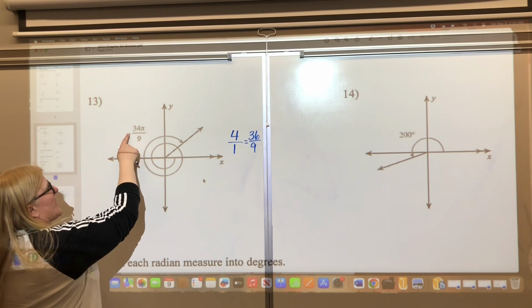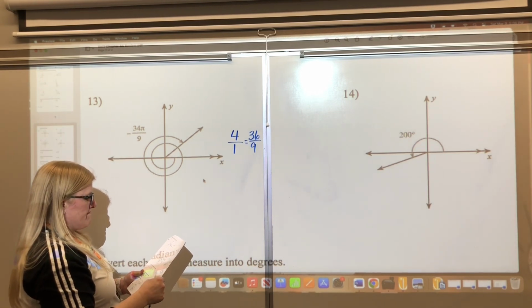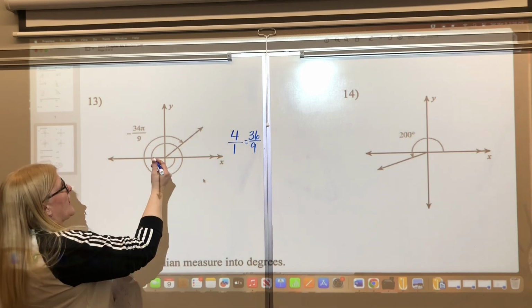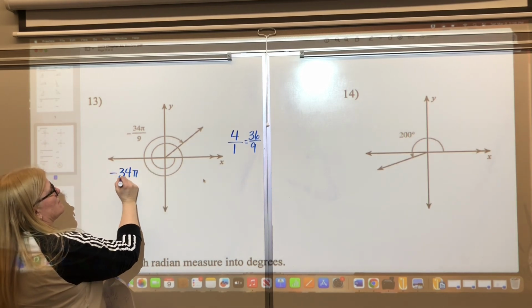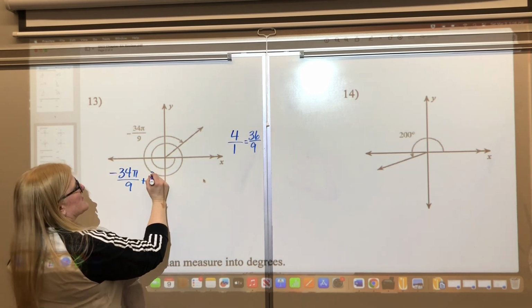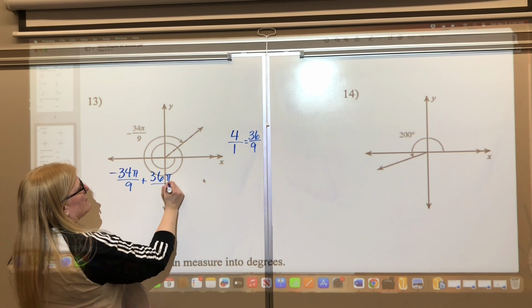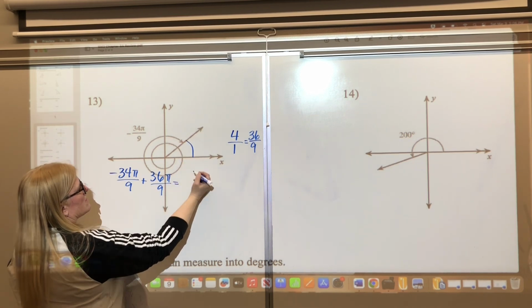Now this is negative, and so I am going to do negative 34 pi over 9 plus 36 pi over 9, and that's going to give me what's left right here.